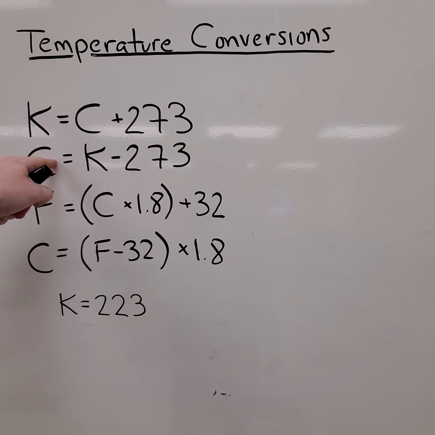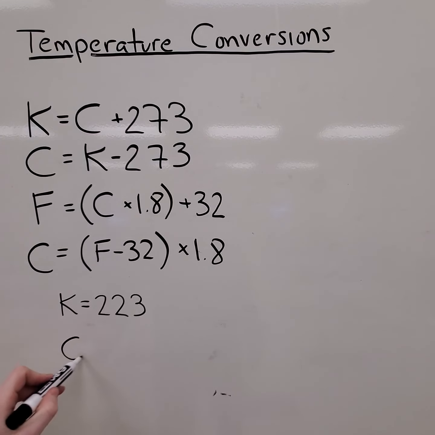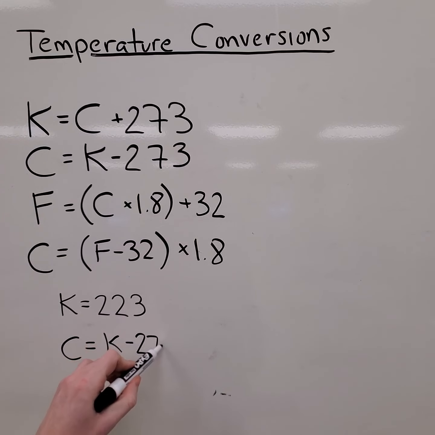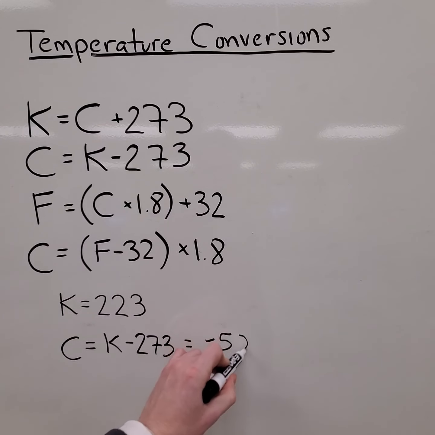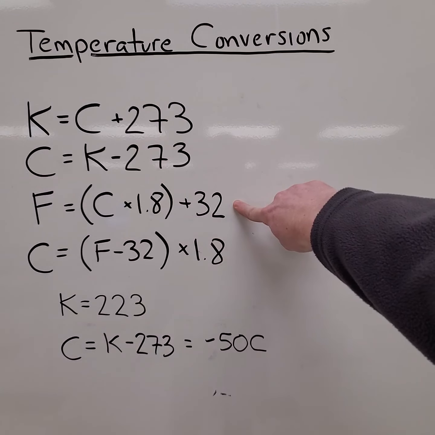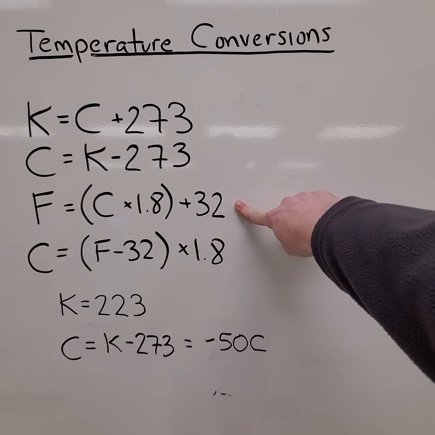So first we need to find out C, and then we're going to use that C to find F. So first, C equals. And we get -50C. Now I have C, and so now I actually can use my F equals equation.